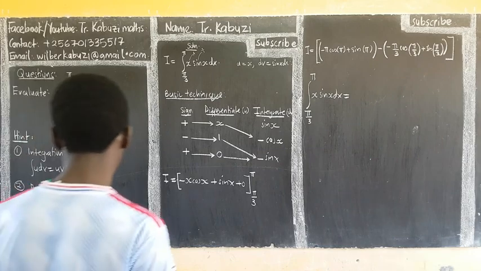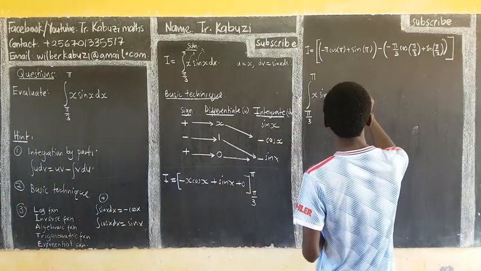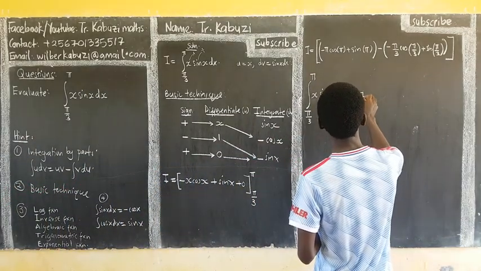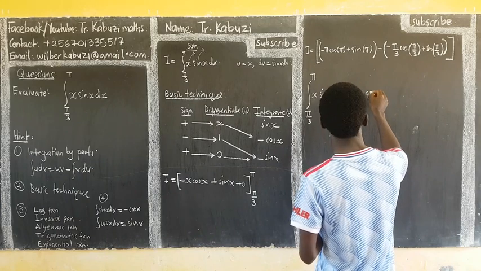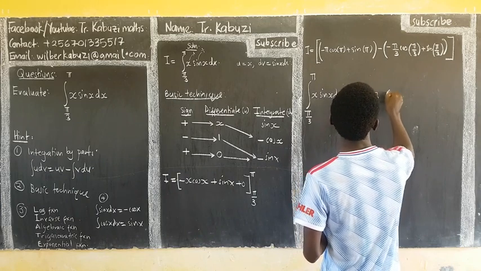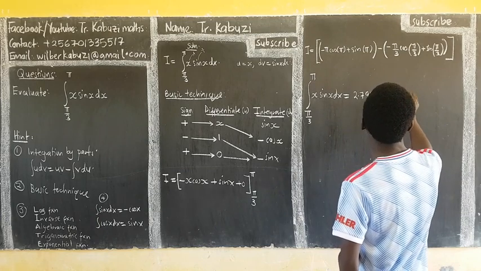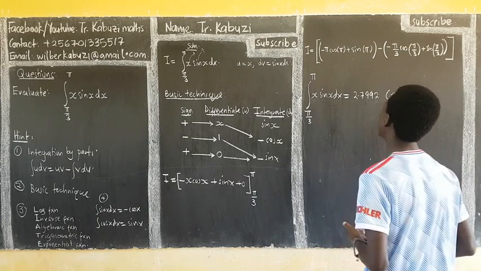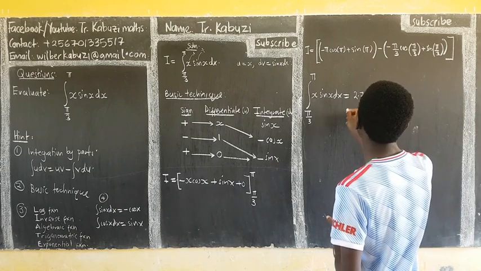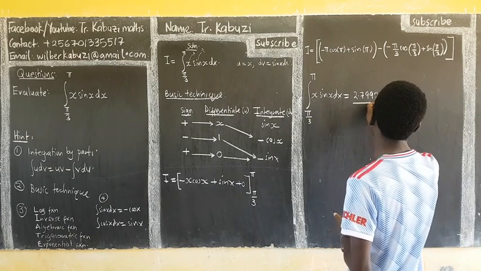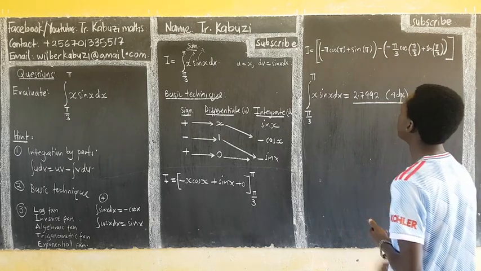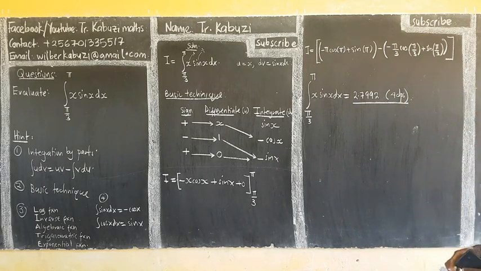Okay, the answer I'm getting is 2.7992. I'm getting this to 4 decimal places. That's going to be my answer there. As simple as that. When your calculator is in radians, that's what we shall get. So, that's it. I wish you well.